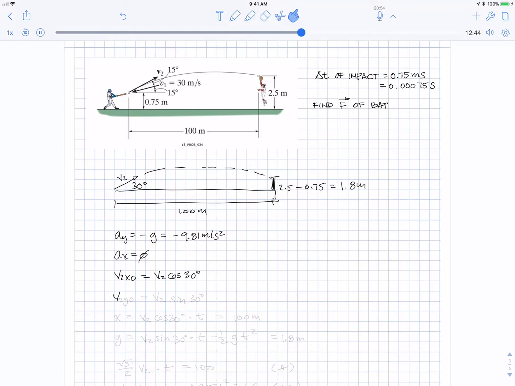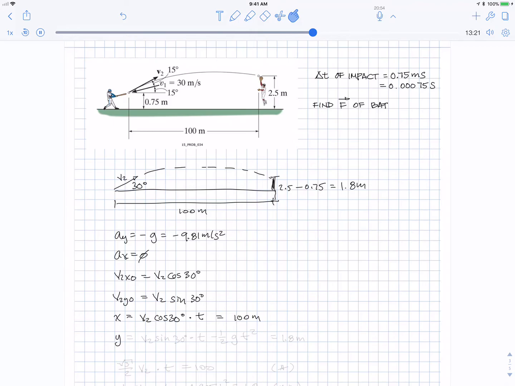And the y velocity initially is v2 sine 30 degrees. Okay, so the equations of motion, we know that x will be v2 cosine 30, that's the initial velocity, which doesn't change because acceleration is 0, times t, will equal 100 meters.